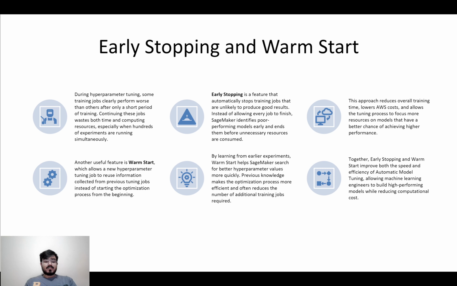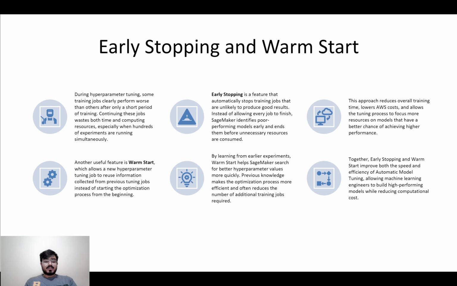Instead of allowing those poorly performing models to continue training until completion, early stopping automatically stops them. This saves both time and computing resources because unnecessary training jobs are ended early. As a result, SageMaker can focus more resources on the models that have a better chance of producing good results.